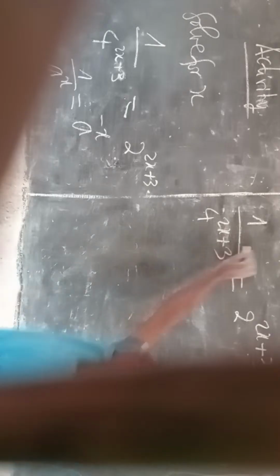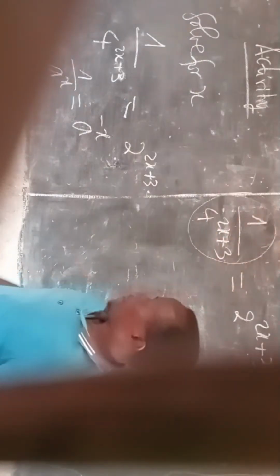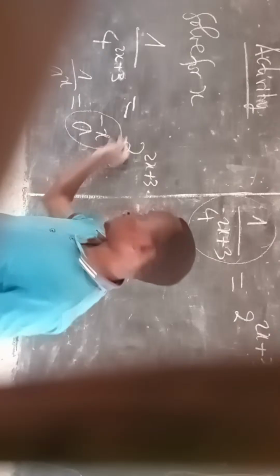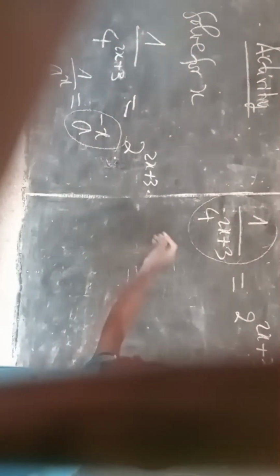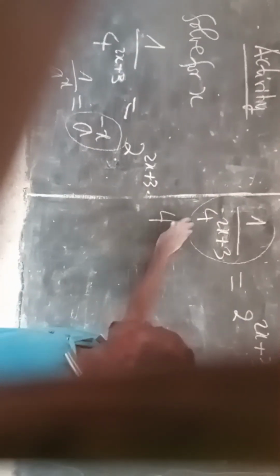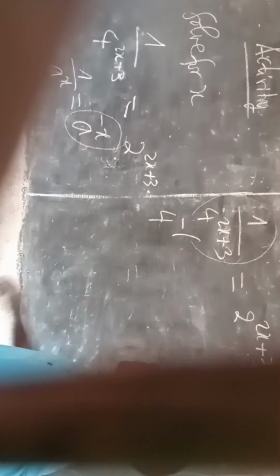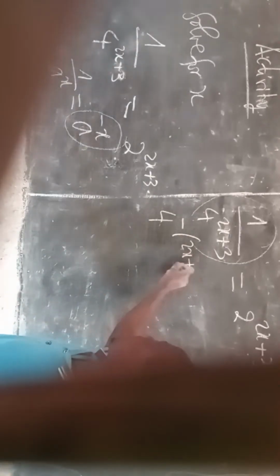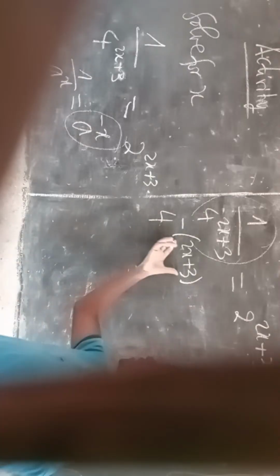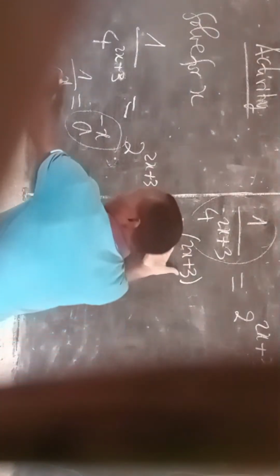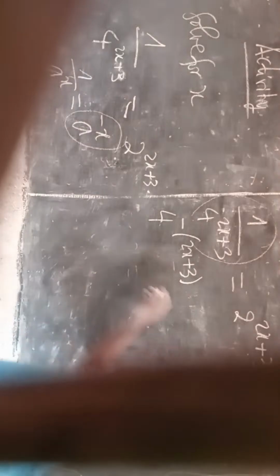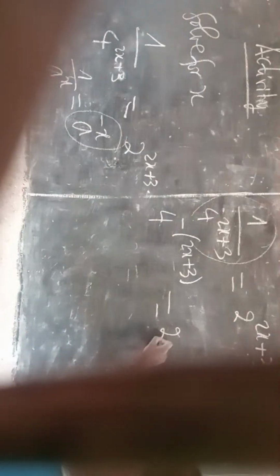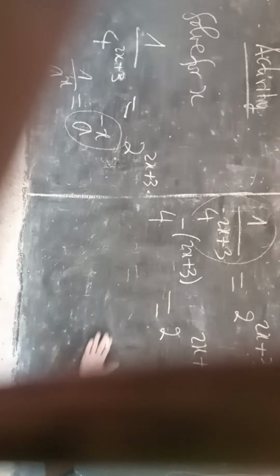Now we are going to change this into this one. You see? Now we remain with 4 power minus open bracket 2x plus 3. This term is similar to this power of x. It will be equal to the remaining 2 power 2x plus 3. Yes? Now what you are going to do for the next step, think on it please.